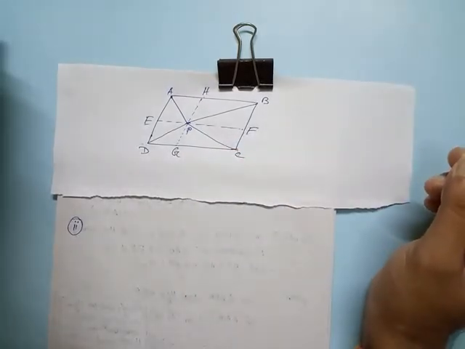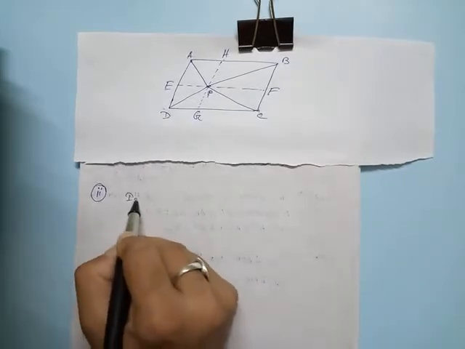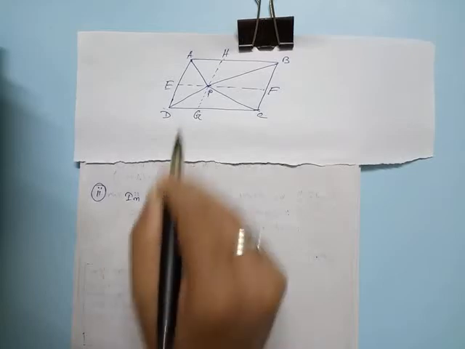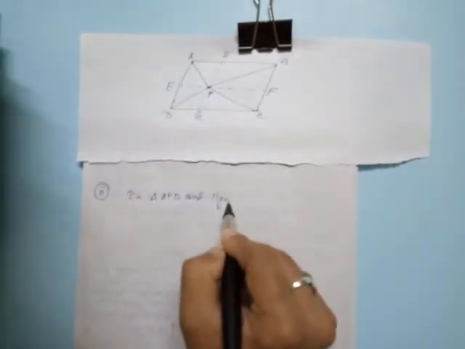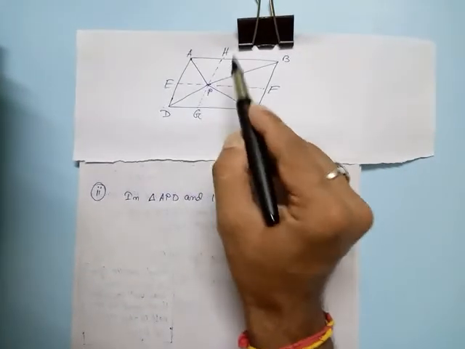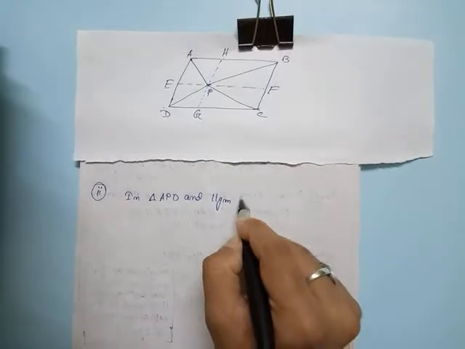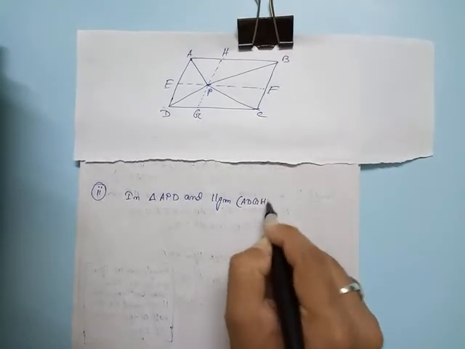So student, I will write here in triangle APD and parallelogram AHGD or ADGH, whatever we can take, ADGH.